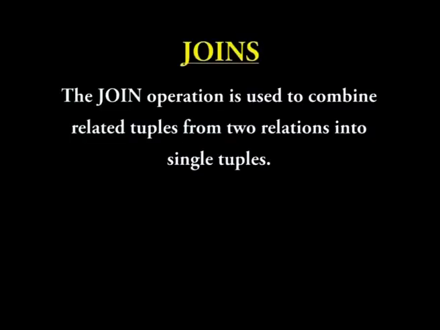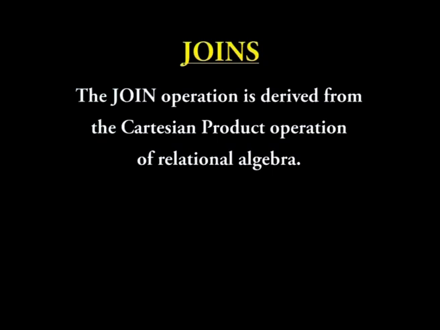So, now let us continue with the next topic, joins. The join operation is used to combine related tuples from two relations into a single tuple. This operation is very important for any relational database because it allows us to process relationships among relations. The join operation is derived from the Cartesian product operation of relational algebra.